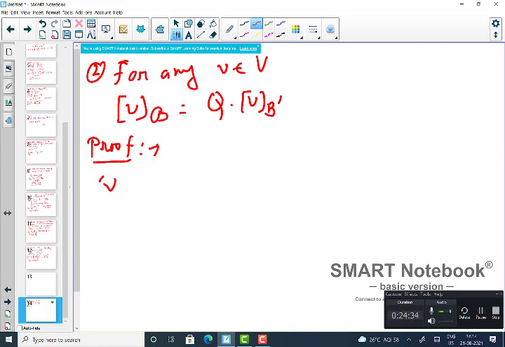So you have V on the left hand side, but this is also the image under the identity map, right?